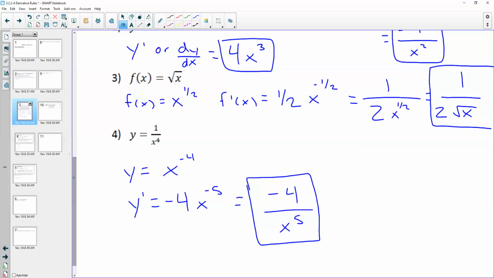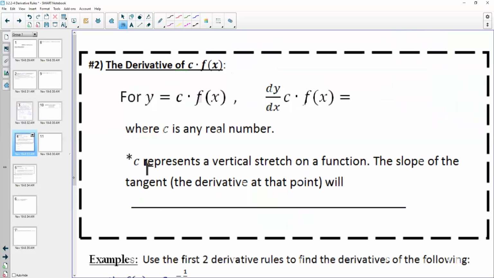Okay, so are there any questions with these 4 examples? Perfect. Let's continue. Okay, so rule number 2. So this is when we're finding the derivative when we have a constant multiplied by our function. Okay, so if our original function y is equal to c times f of x, the derivative of y with respect to x, so I'm just going to throw in some brackets here.